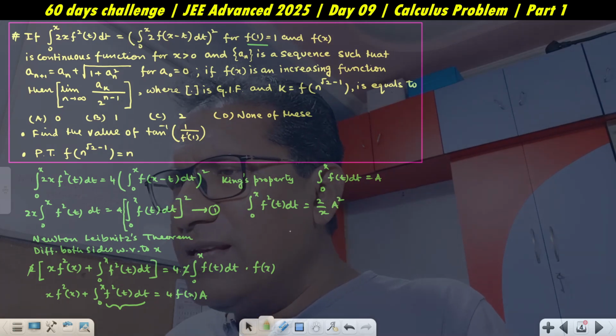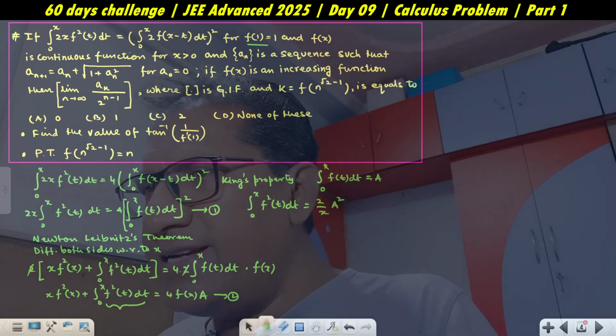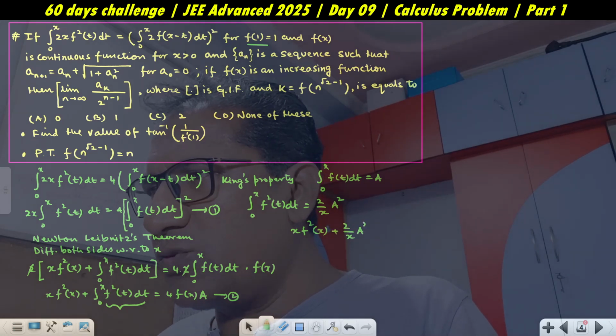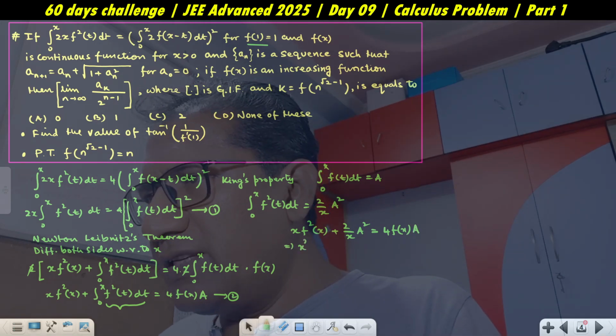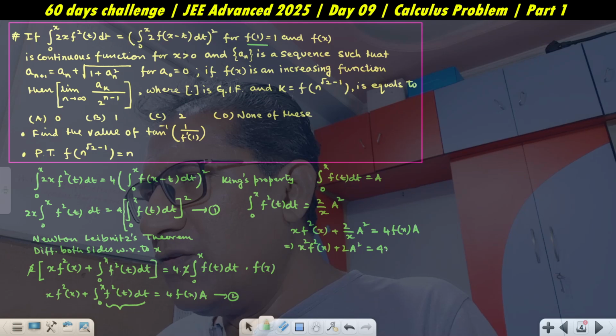So if I replace this in equation 2, we are getting x f squared x plus 2 over x A squared is equal to 4 times f of x into A. So that gives us x squared f squared x plus 2A squared equals 4xA f of x.